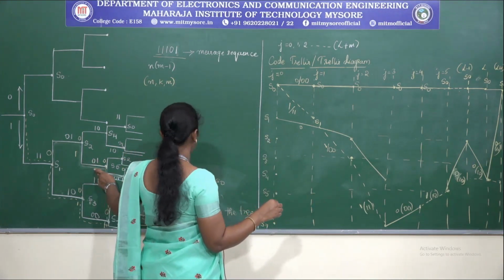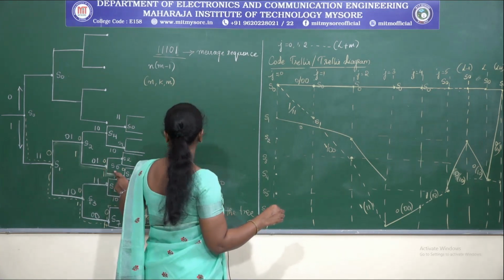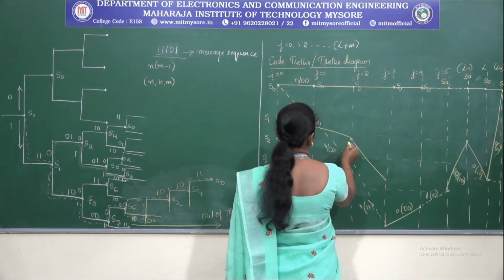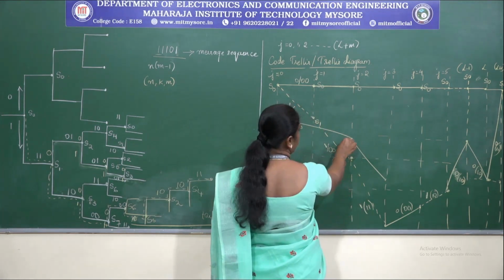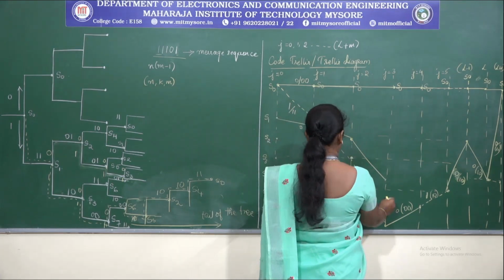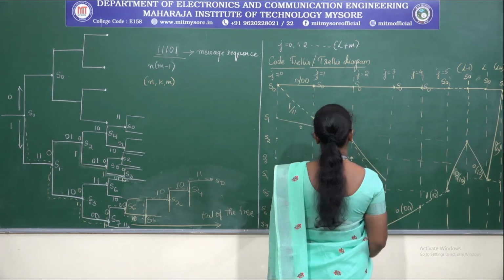So S2 with input 1 reaches 0, 1, that means it reaches S5. From S2 of the third stage, if the input is 1, it reaches S5. So S5 is here. Okay.